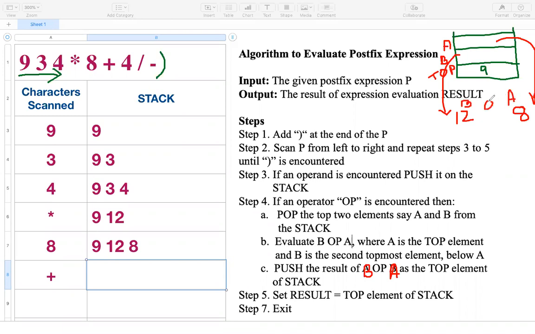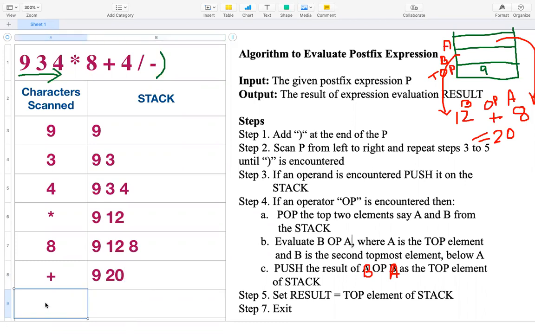And this is my B, and this is my A. So we do B op A, and what is my operator? My operator is plus. So what is the result? The result is 20. So I put that result back into my stack, pushing the result of B operation A back to the stack. Next, what do I get?